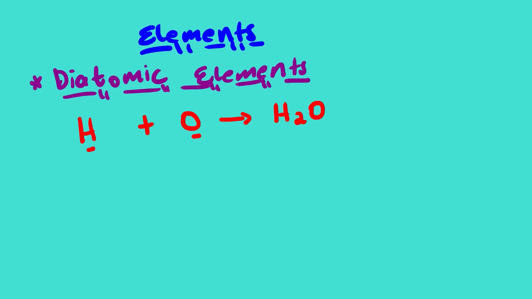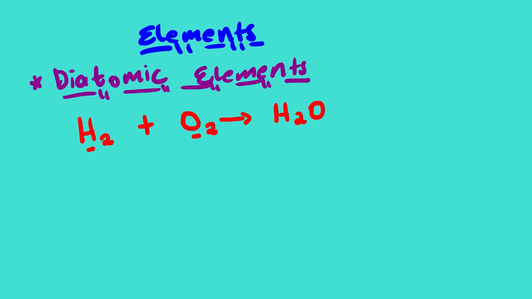So the reason why we say they are diatomic elements, hydrogen, to be stable it needs 2 atoms, and also oxygen to be stable it needs 2 atoms. We have 7 diatomic elements all in all, and hydrogen and oxygen are two of those elements.